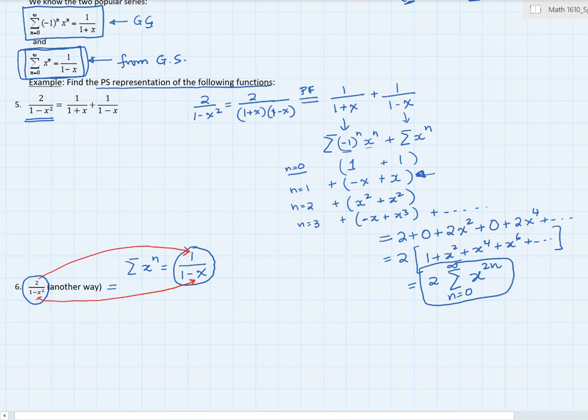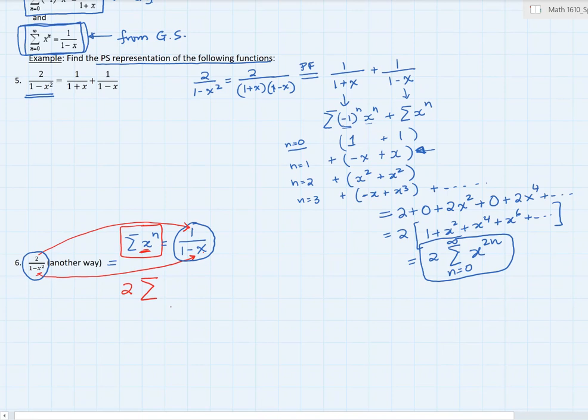So look at this power series. I need a 2, so I'll write 2 summation. Now if I want x squared instead of x, then here I'm going to write x squared. This is the composition.